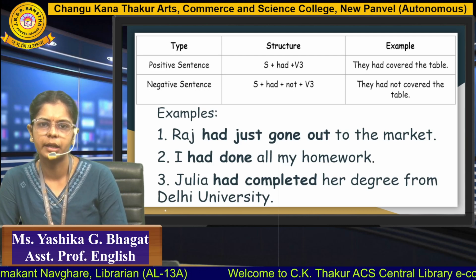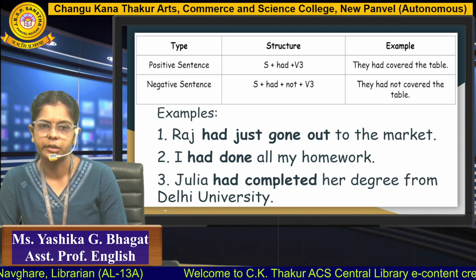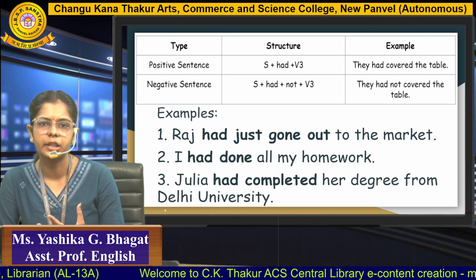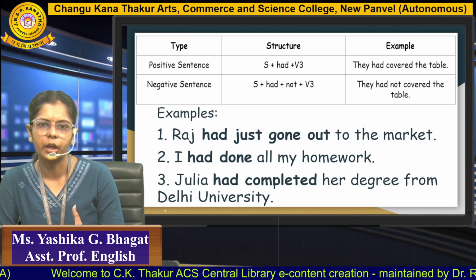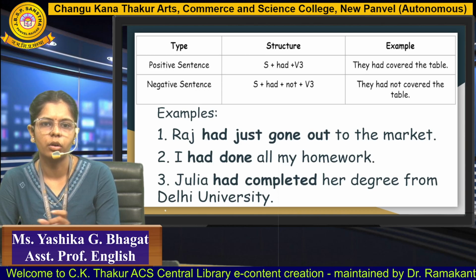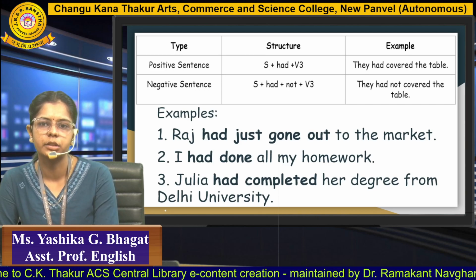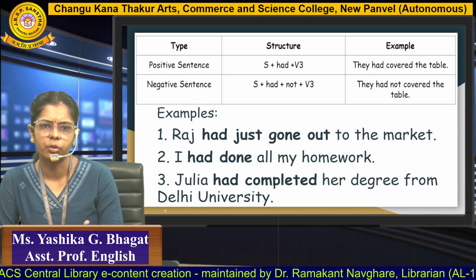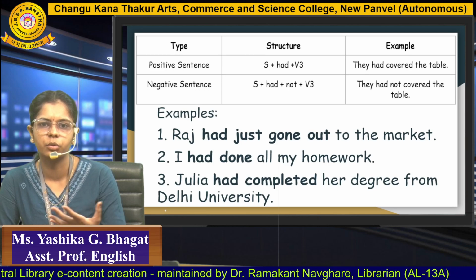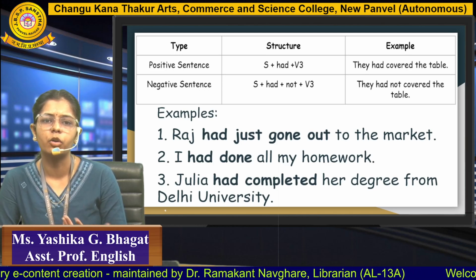But let us also understand these examples situation wise. The first example tells us that Raj had just gone out to the market. That means the action we are talking about is in the past tense. In the sentence, we have not mentioned the time period when this event took place. Are we talking about an incident which took place yesterday, or months ago?